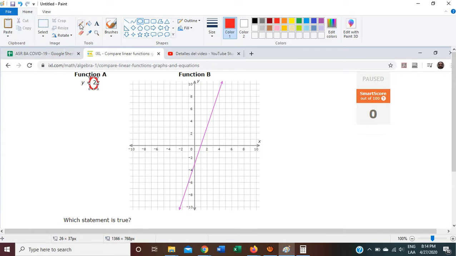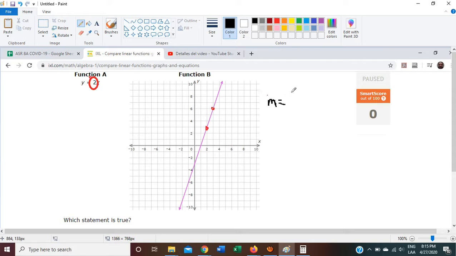You can use 2 points, whatever points you want to use. For example, I am going to use, let's say, this point and this point. Remember, change in y divided by change in x. What is the value of y here? The value of y is 3. And what is the value of y in here?